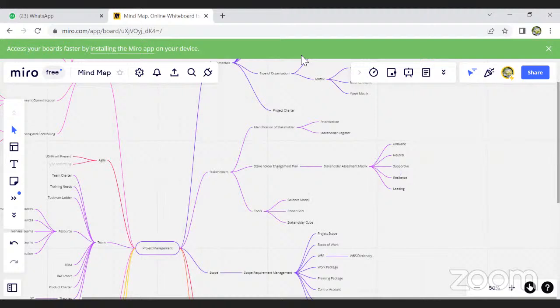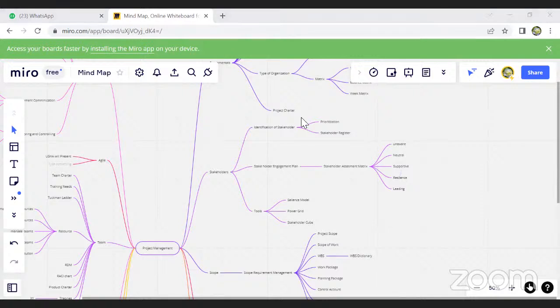Then we can identify their expectations, like low, medium, high. Similarly, we can define their levels, like upward, downward, sideward, and to whom you are reporting, or they are reporting to you.